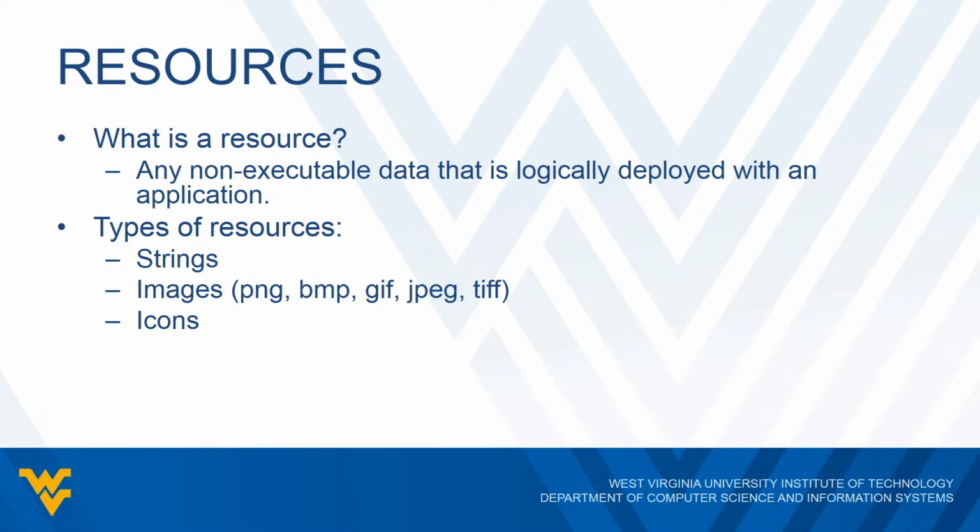Icons would be resources, audio files, so like MP3, WMV, other formats, but audio music would be resources. Other types of files, so maybe documents would be a good example of that, and anything else like that. So as long as it's not something that is executed, it would be considered a resource.